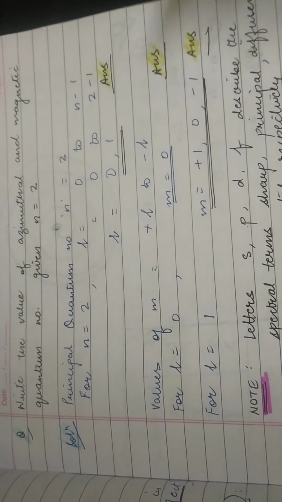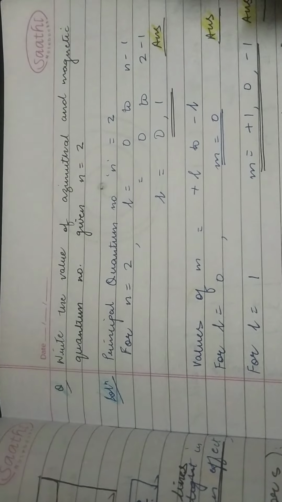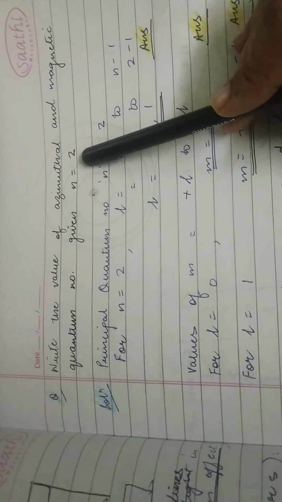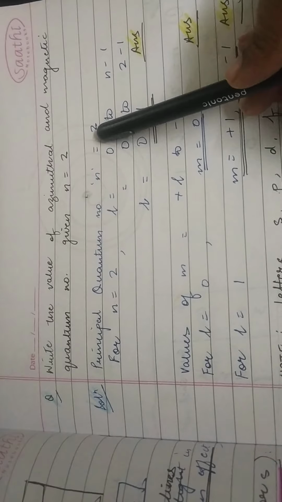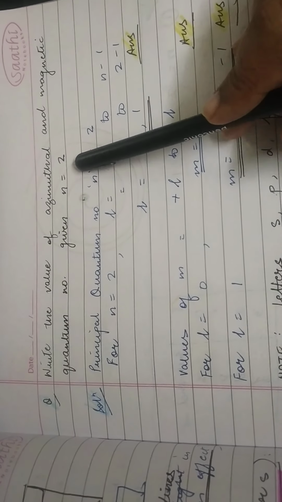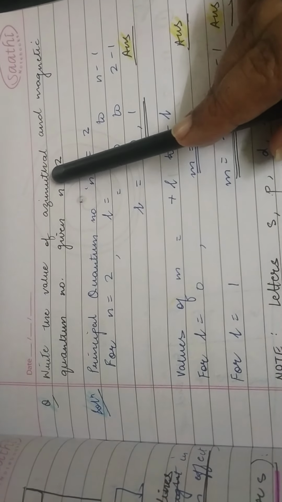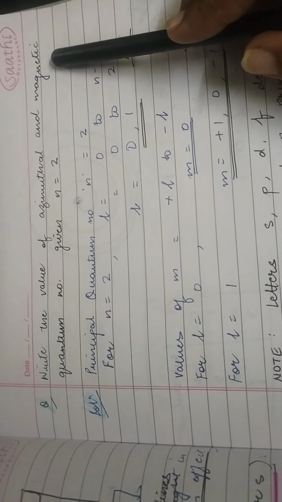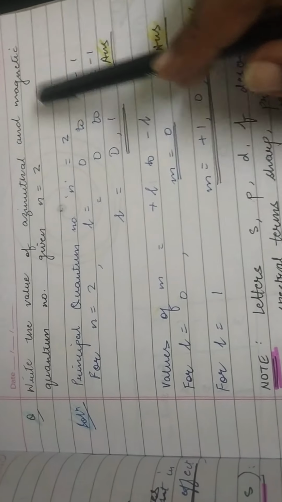So it is a very simple concept. You just have to be very systematic and go step by step. Again, I just give you a quick recap of this. The value of principal quantum number was given, that is 2. For this value of principal quantum number, you are asked to find out the value of azimuthal quantum number, that is l, and magnetic quantum number, that is m. We know the formula.